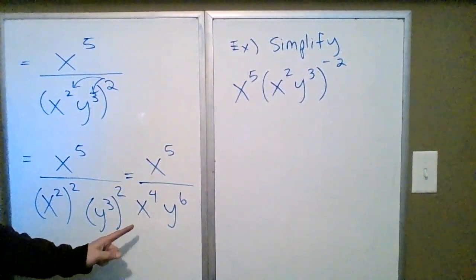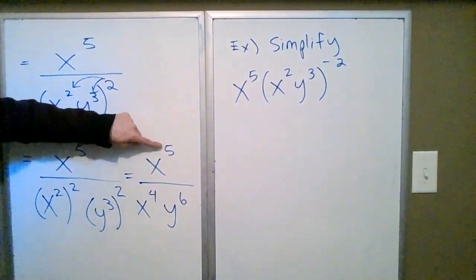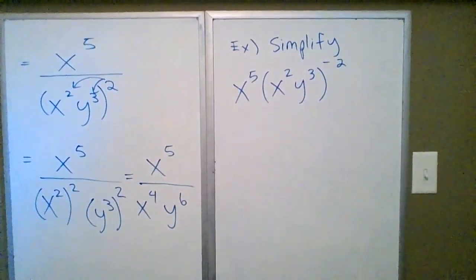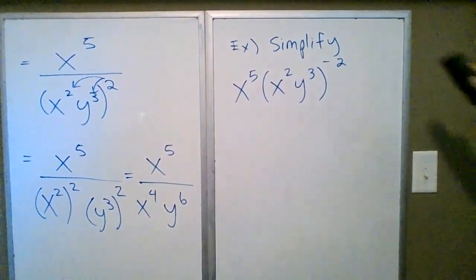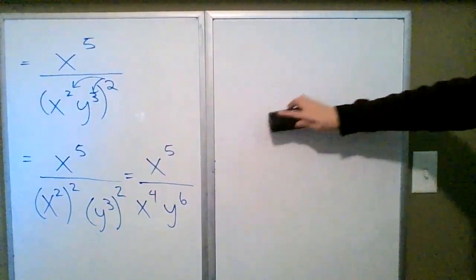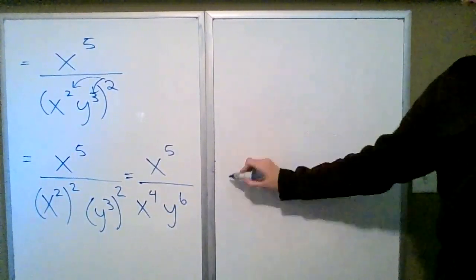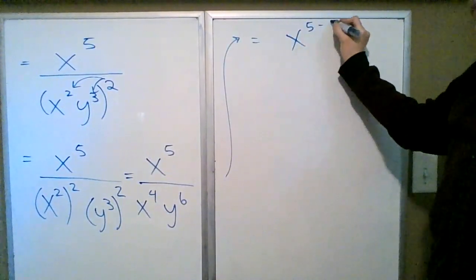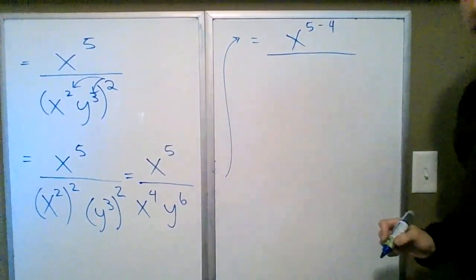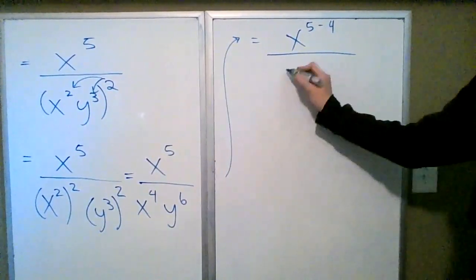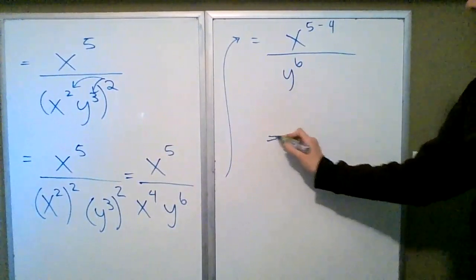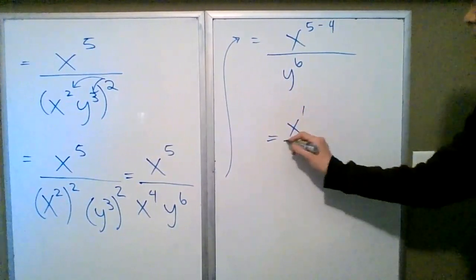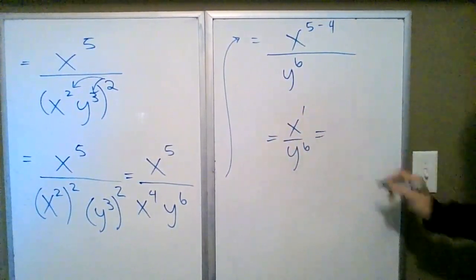So we're going to keep working and have x with a power of 5 minus 4. That's in the numerator. It's over y to the 6th. So x with power 1 over y to the 6th is x over y to the 6th.